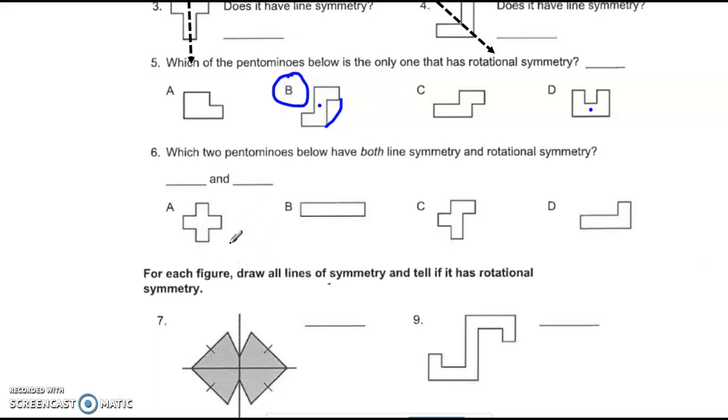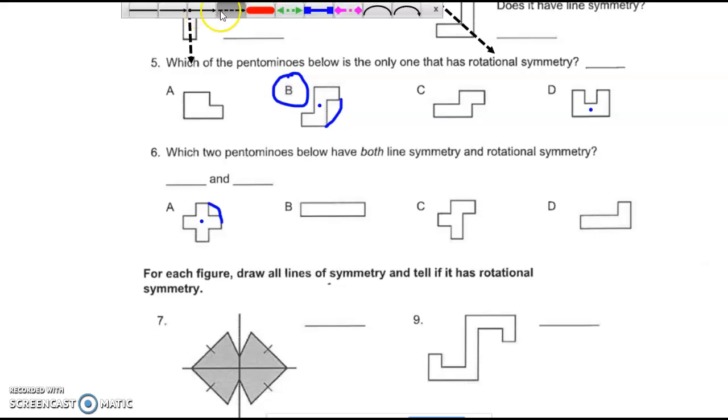Then number 6, 2 of them have both line symmetry and rotational symmetry. So, Carly, what's the first one that you think has both? A. So for A, there's the center. We could rotate it 45 or 90 degrees and it would fit, correct? And then it also has several line symmetries.